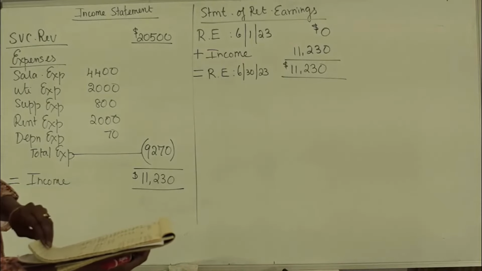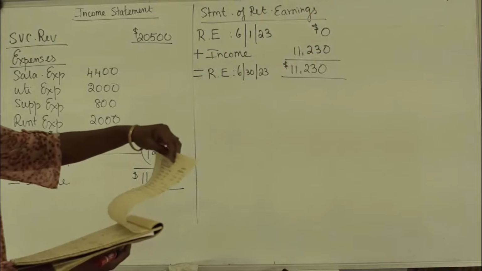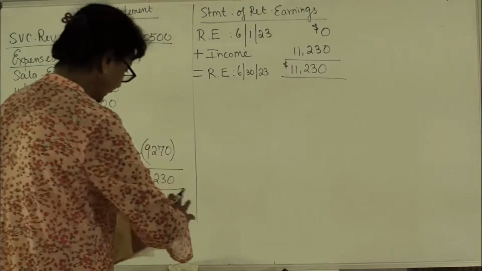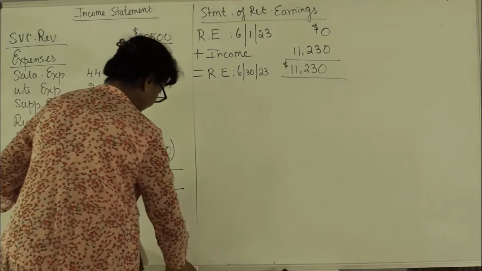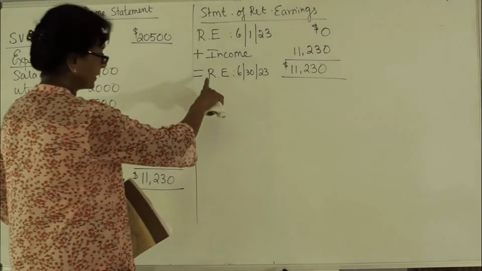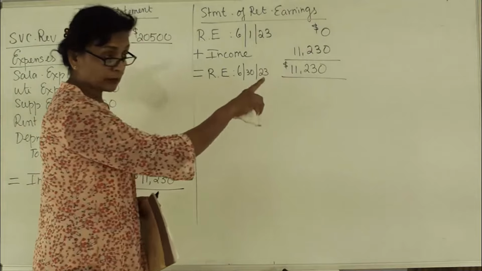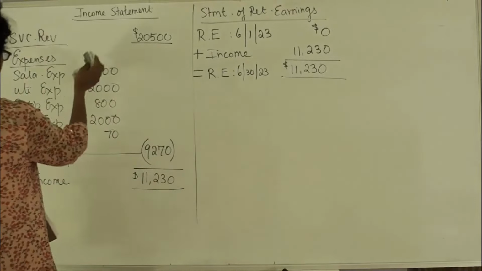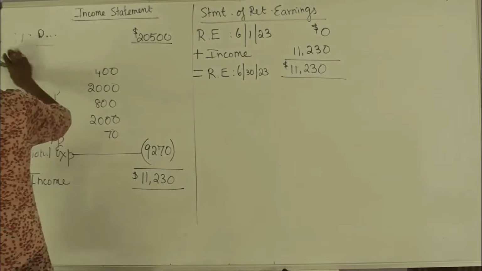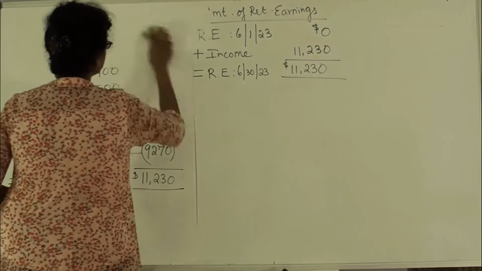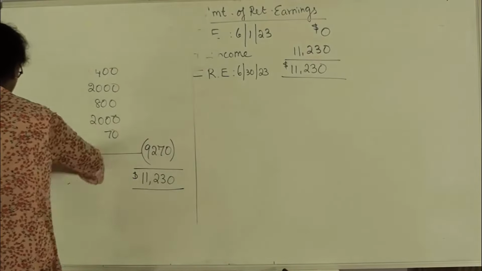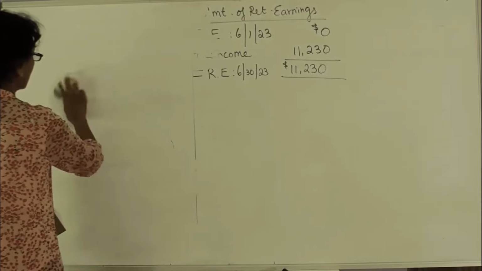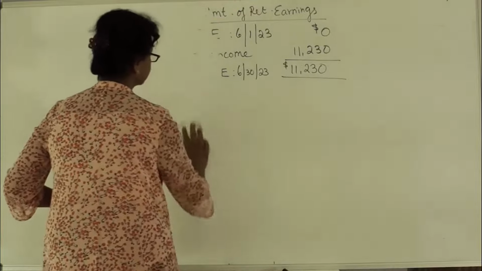Now, the next step is to prepare the balance sheet. Okay, again I'm going to erase the board. So, this retained earnings balance of 11,230 will be carried over to the balance sheet, and now we are going to report in the balance sheet the assets, liabilities, and owner's equity.